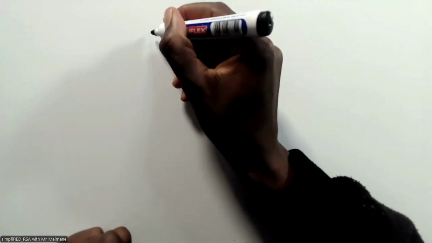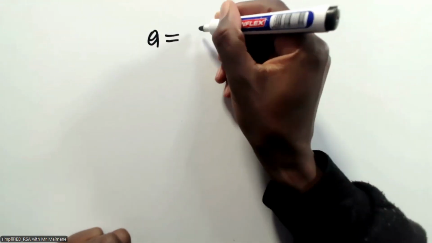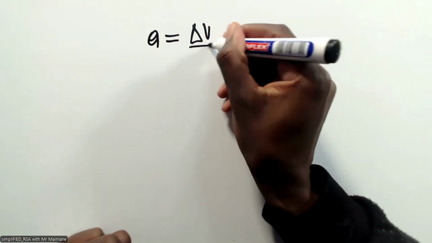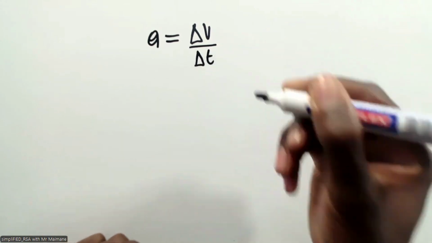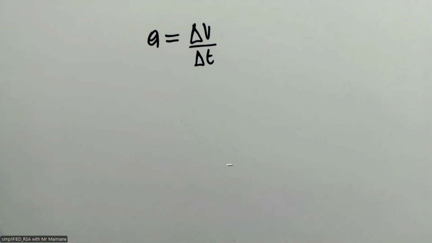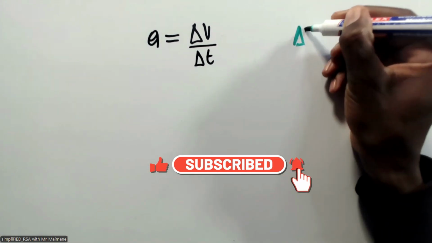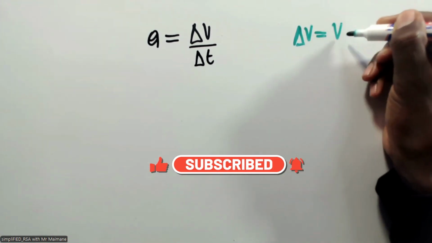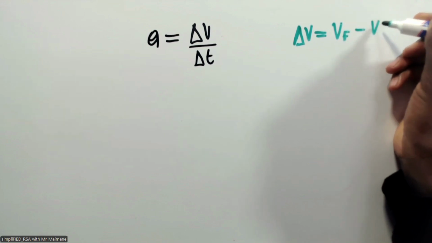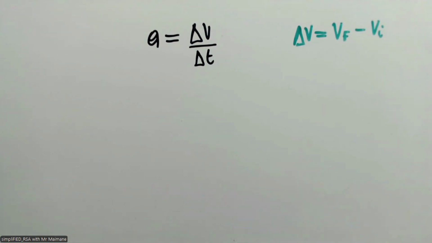Let me show you something. Suppose you confidently know that acceleration is equal to change in velocity over the change in time, right? And you know at this point that change in velocity represents final velocity minus initial velocity, right?